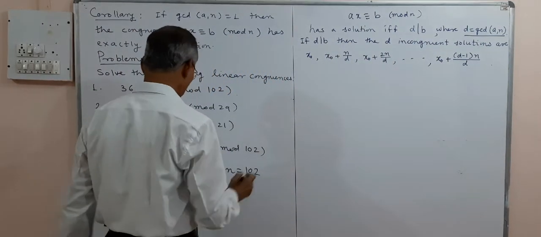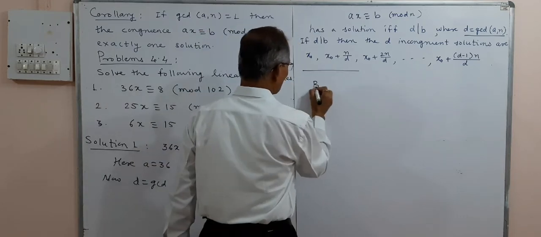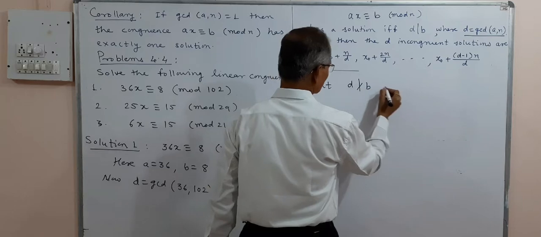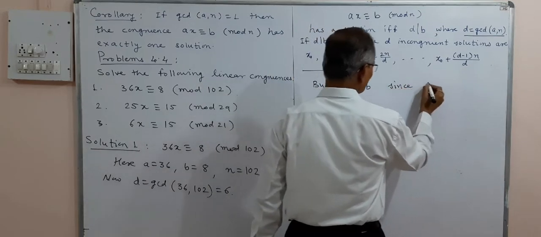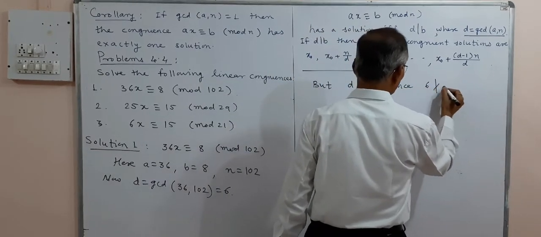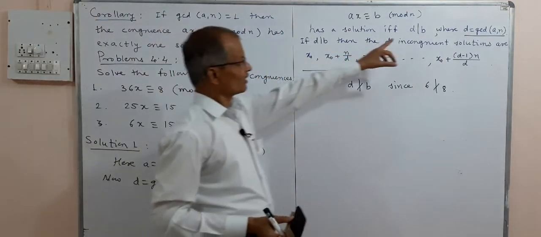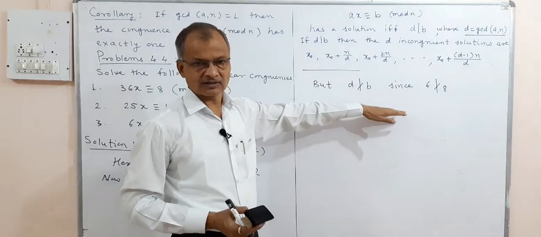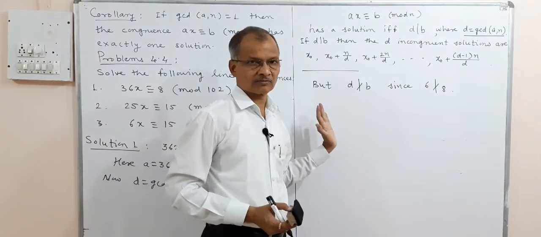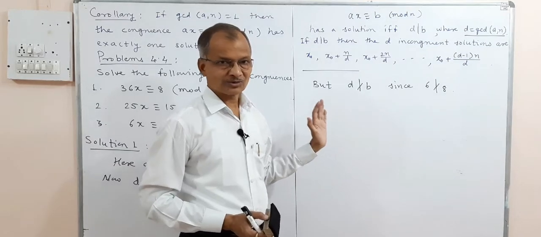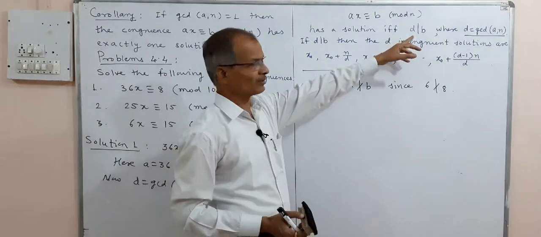So d does not divide b, since 6 does not divide 8, and thus this condition is not satisfied. The condition that d divides b is not satisfied for this congruence. So what about the solution? A solution exists if and only if d divides b.